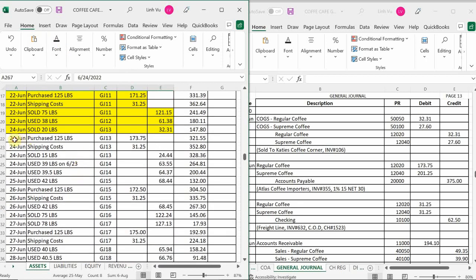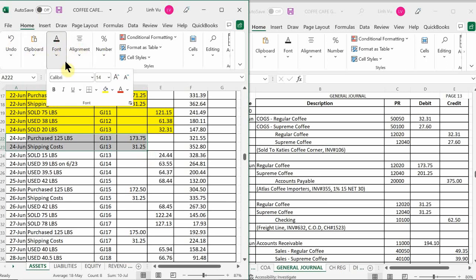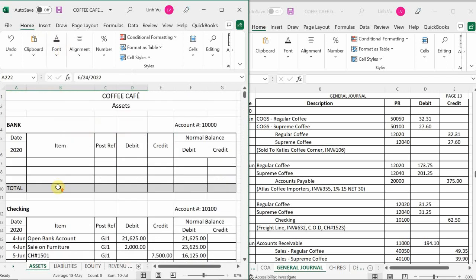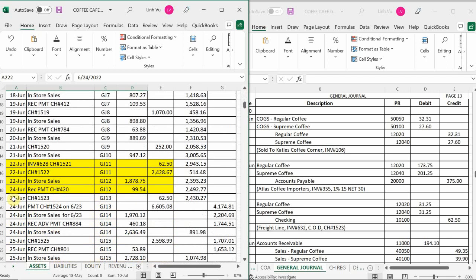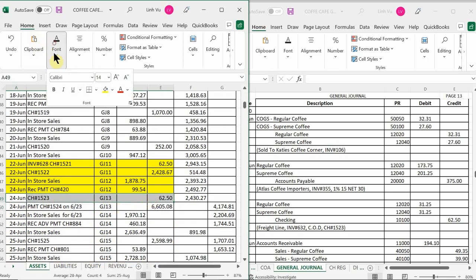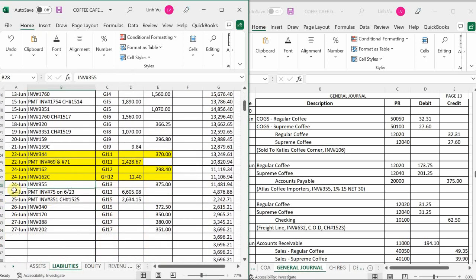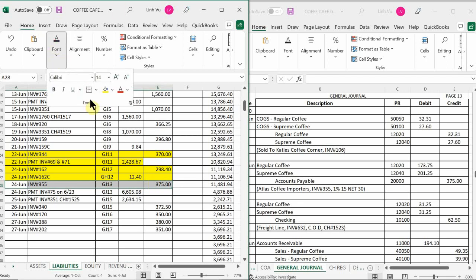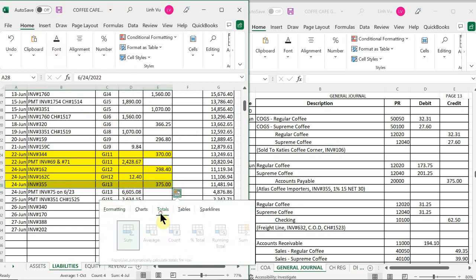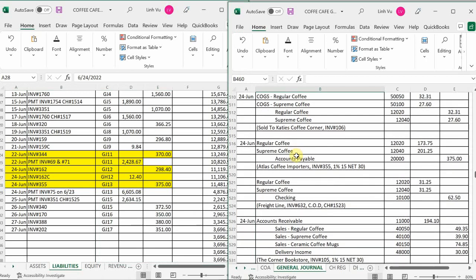Regular coffee. 173 and 31. Okay. 62.50 for the freight. $375 for accounts payable. Okay.